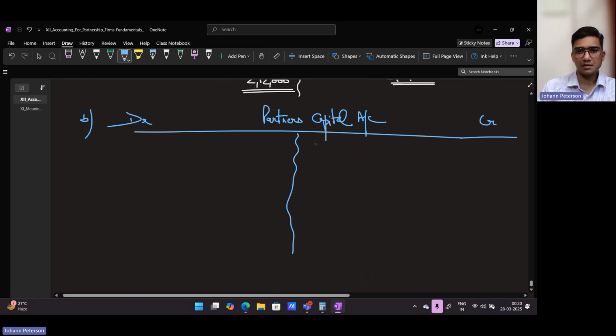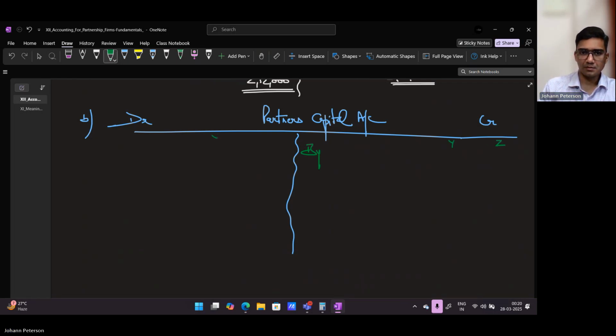Here, since we have the balances given, we will write them. The first item that we will write here is Y, and Z. I'm just writing the names. You can fill in the particulars in the particulars area.